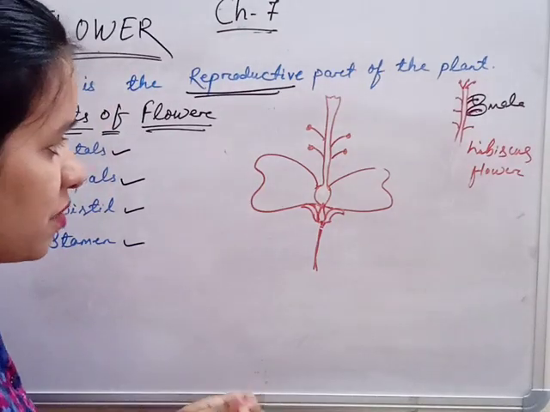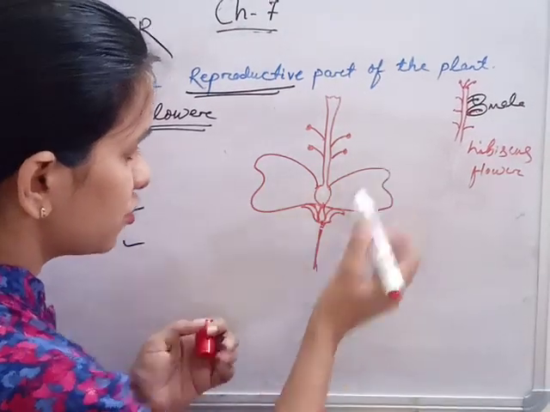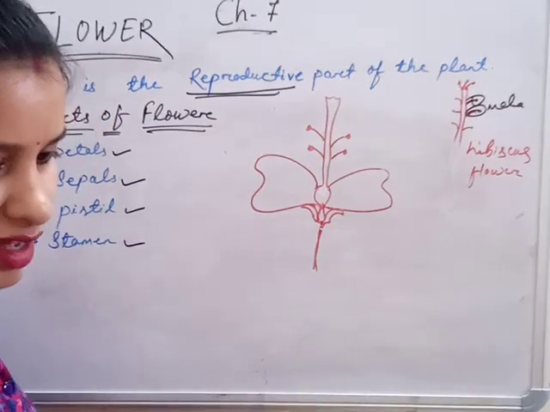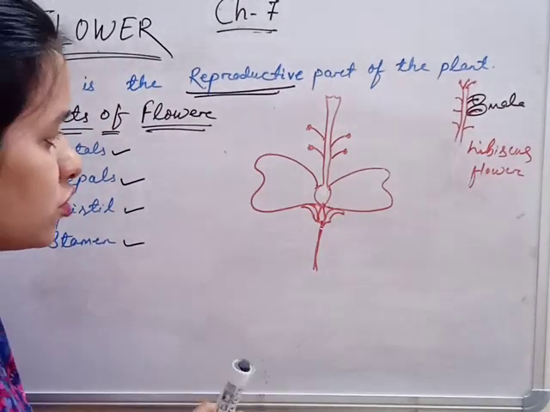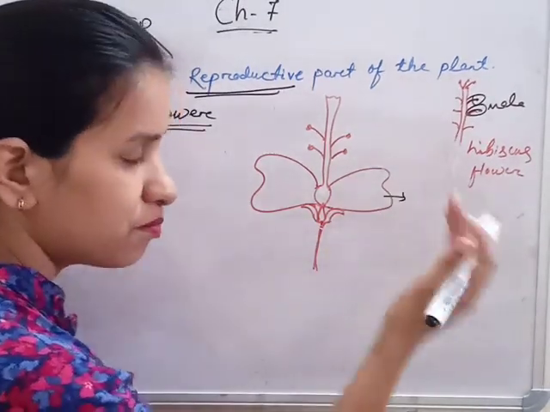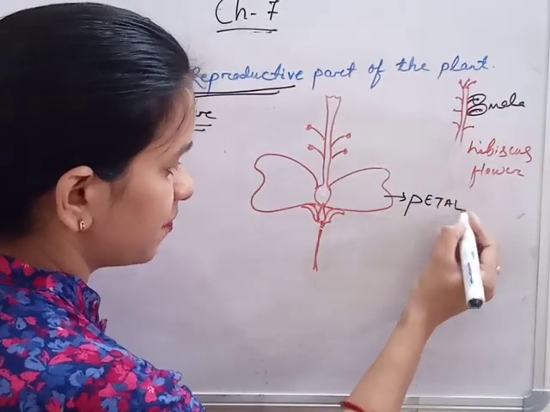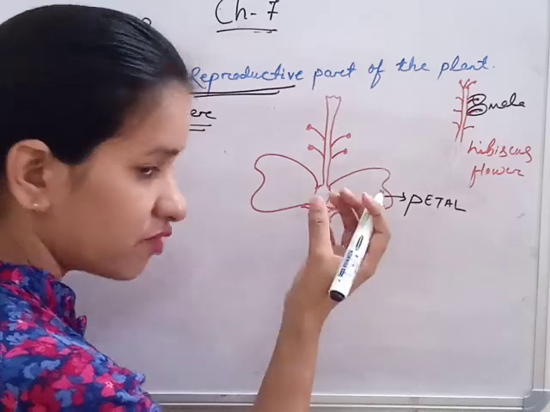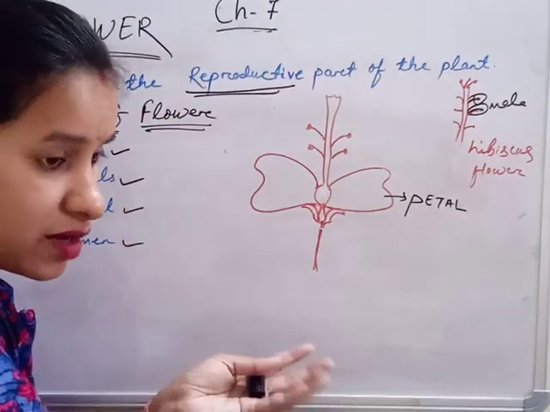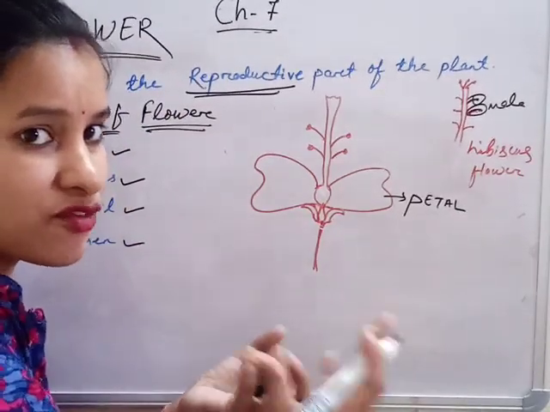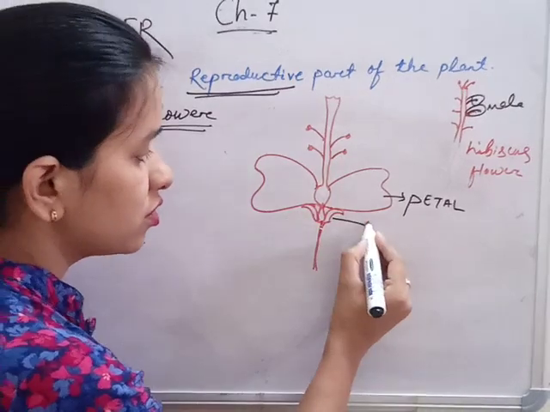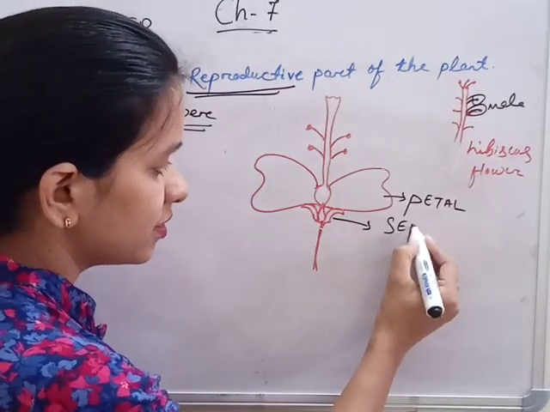So what parts have we already read? Let's discuss once again so that we have a quick note. This open part is your petal. This is the part which covers the flower in the bud stage, until it becomes a completely blossomed flower. It is coming down. This is your sepal.